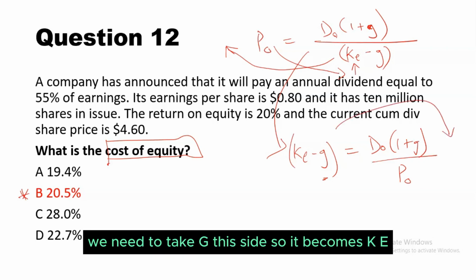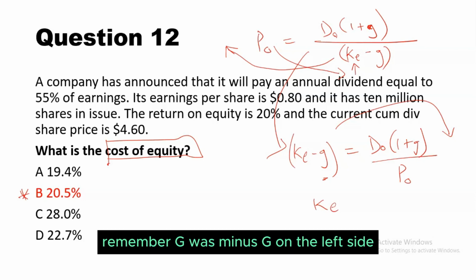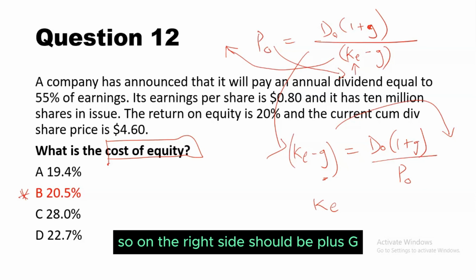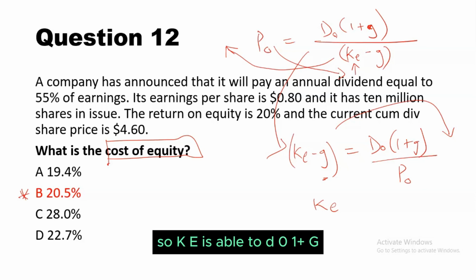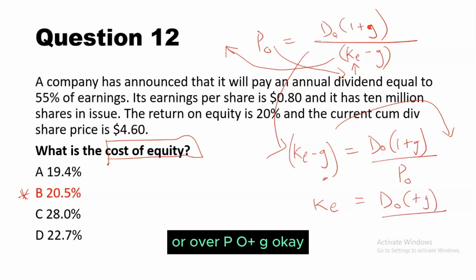Remember, g was minus g on the left side, so on the right side it should be plus g. So Ke is equal to D0 (1 plus g) over P0, plus g.